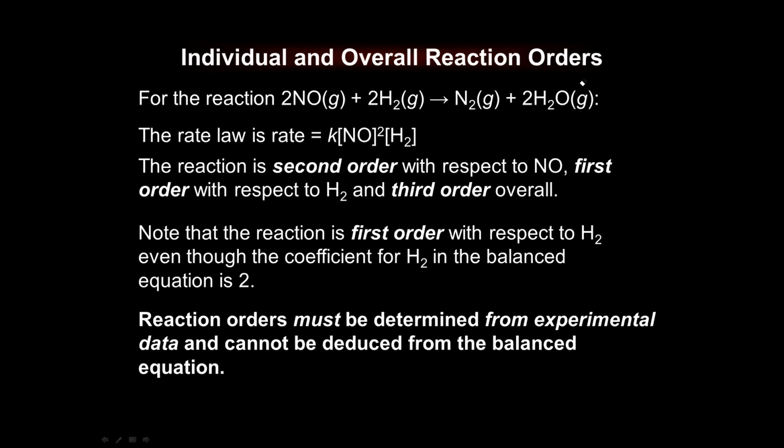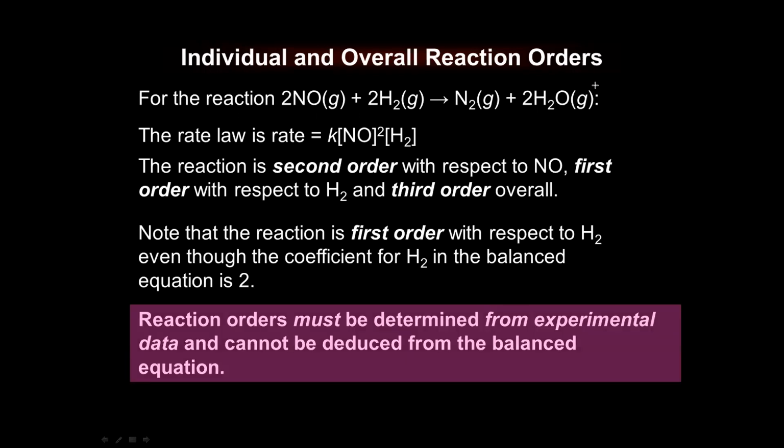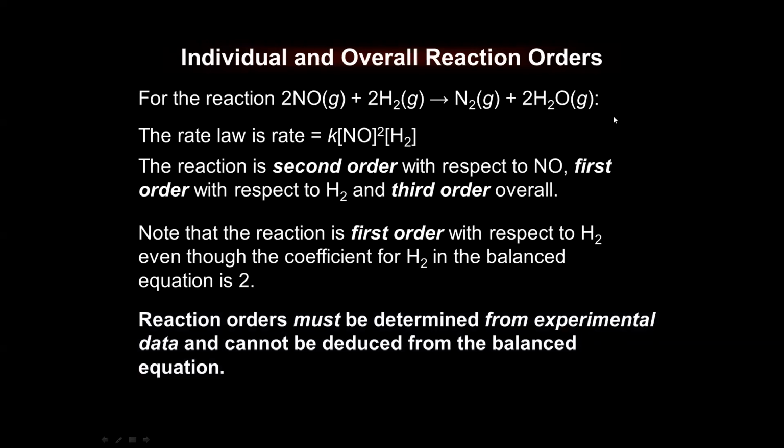The balanced chemical equation doesn't have anything. What we really have to do is some experiments. So we're looking for experimental data so that we can figure out what the reaction orders are. They might be given to us. In our first examples, we're just practicing the reading of it, but we'll talk about the experimental data too.